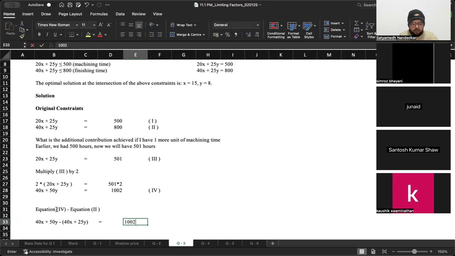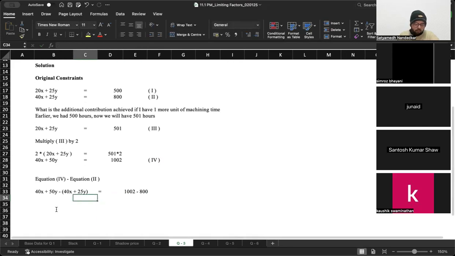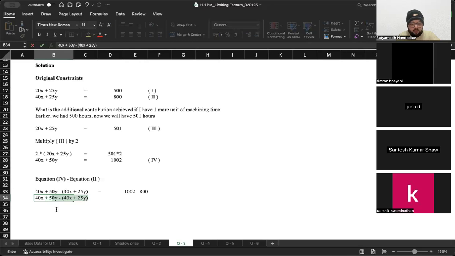This should be equal to 1002 minus 800. Now 40x plus 50y minus 40x minus 25y, 202.